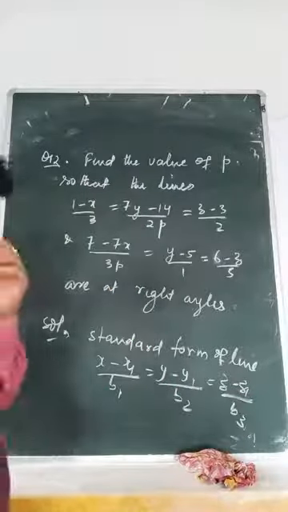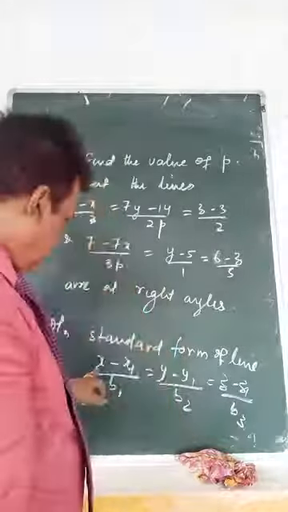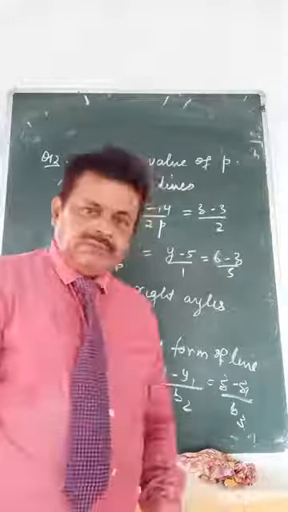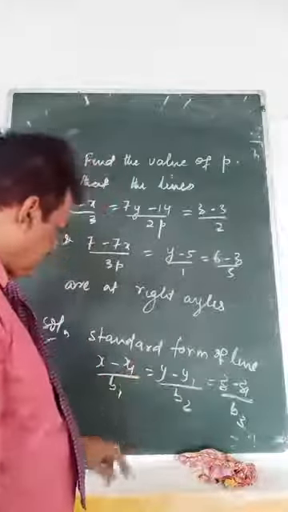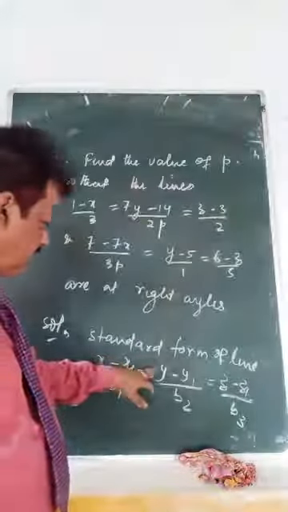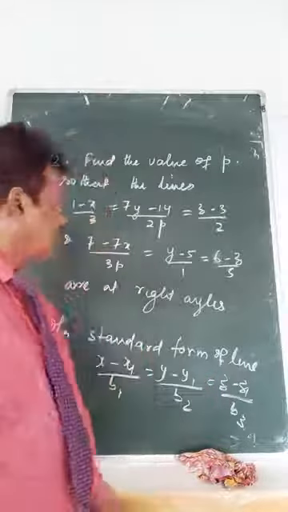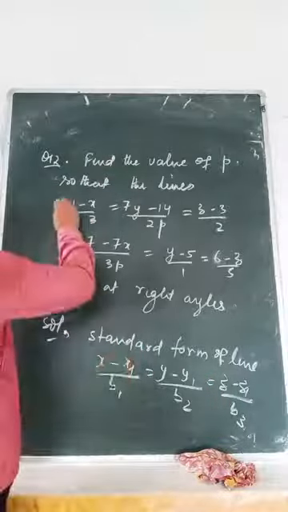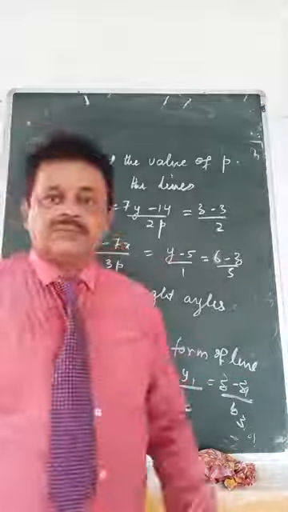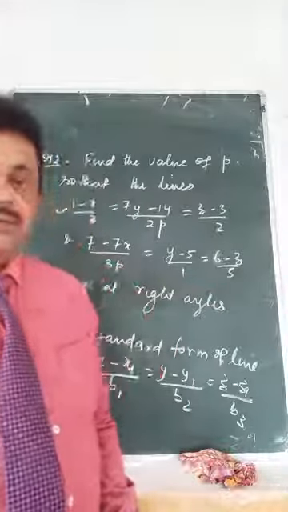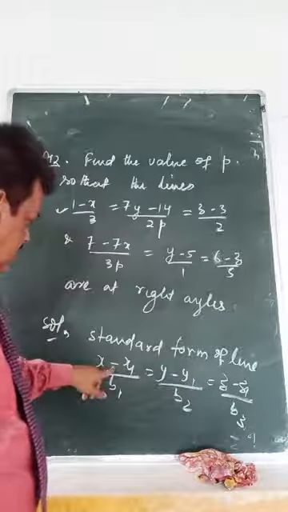Look at the pattern here. x, y, z has to be positive. Points are in the minus form. Coefficient of x, y, z will be 1. That means if I compare this with this one, this equation is not in the standard form. So what to do? How to make this one in this form?